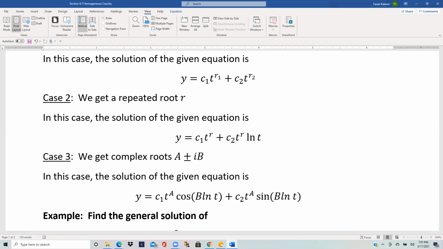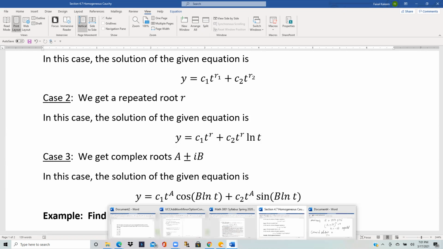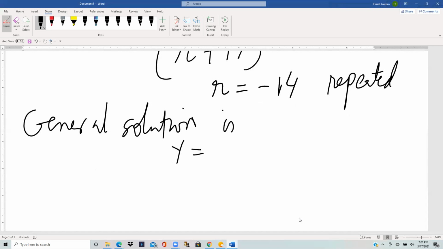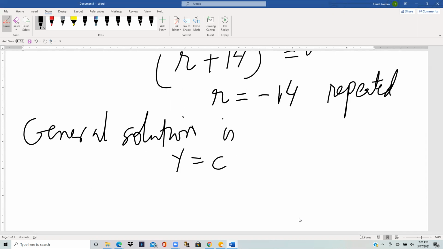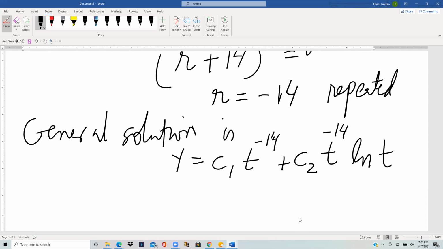So c1 t^r with r negative 14, plus c2 t^(−14) ln t.